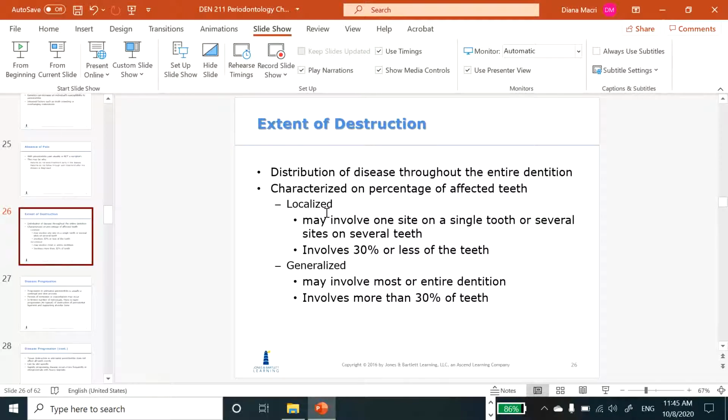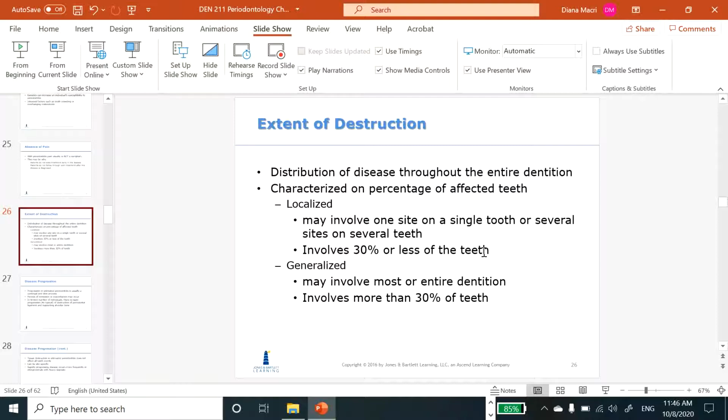So localized could mean two things. It may involve one site, a single tooth, or several sites on several teeth, right? Like it's happening in an area. Or we can use localized to refer to 30% or less of the teeth. When we are classifying periodontitis, localized is less than 30% of the teeth affected.